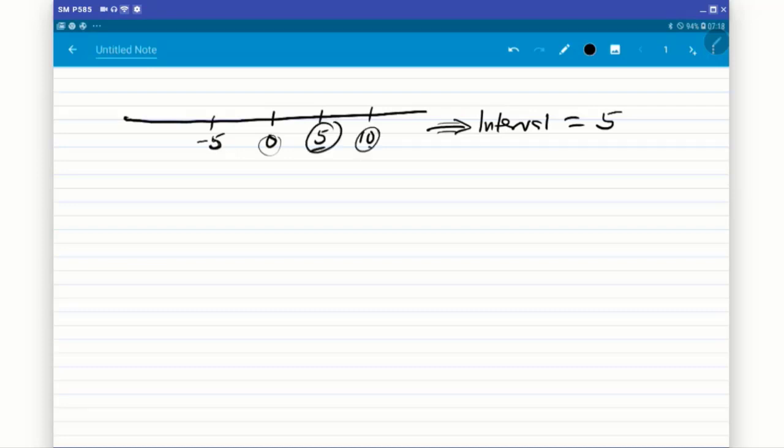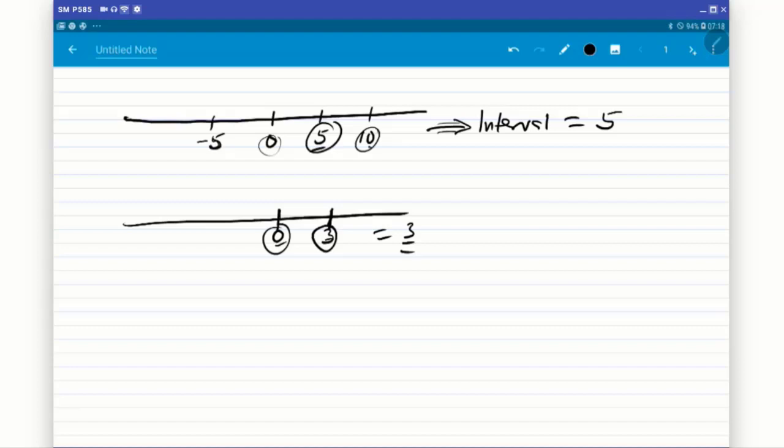So the interval is 5. Or maybe we have 0 and then 3. Since these two points are consecutive, and these are their coordinates, then the interval is 3 minus 0, which will be 3.